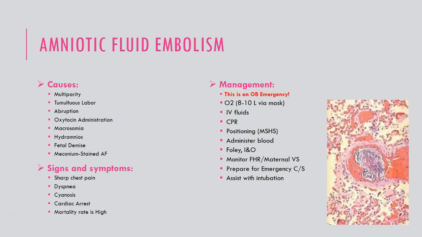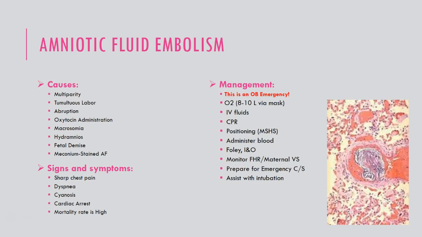So the pressure in the uterus is very great. And if there is the ability for a little bit of amniotic fluid or its contents to flow from an area of higher pressure to lower pressure, then it will do that. So that's how it ends up in the maternal circulation.